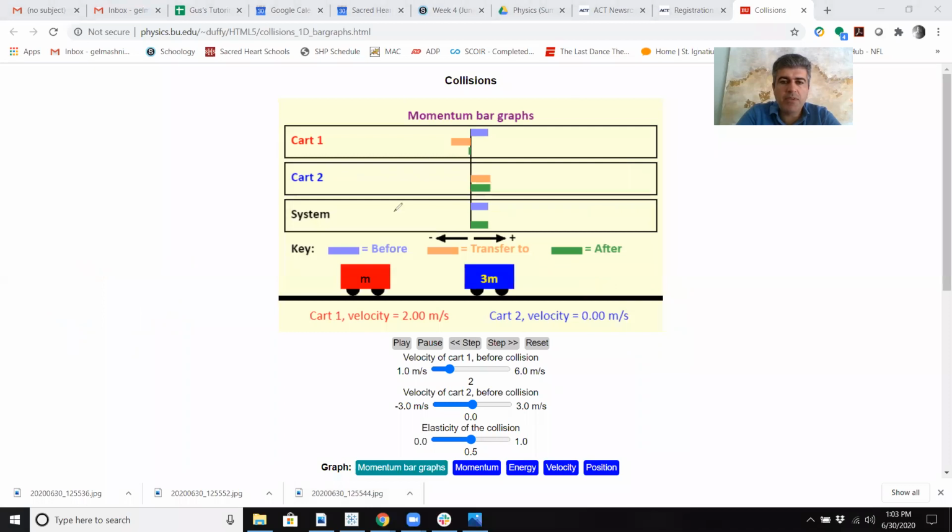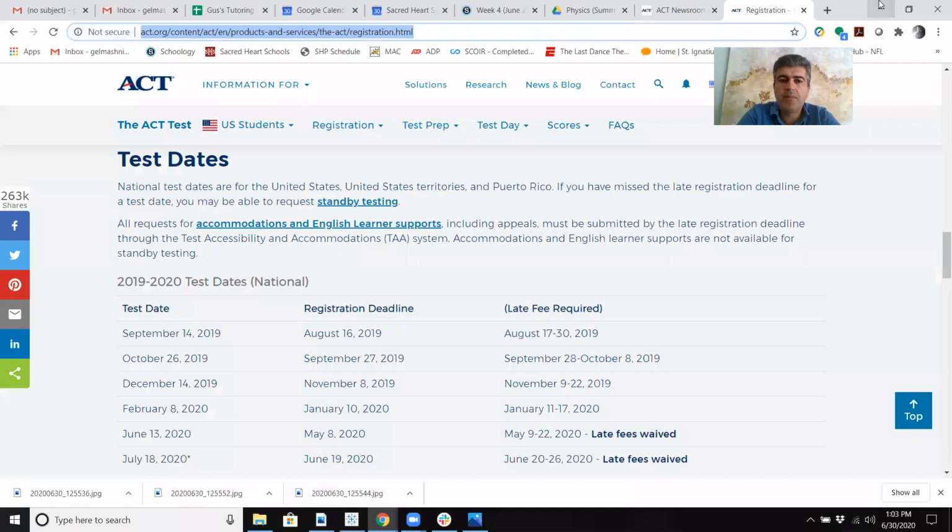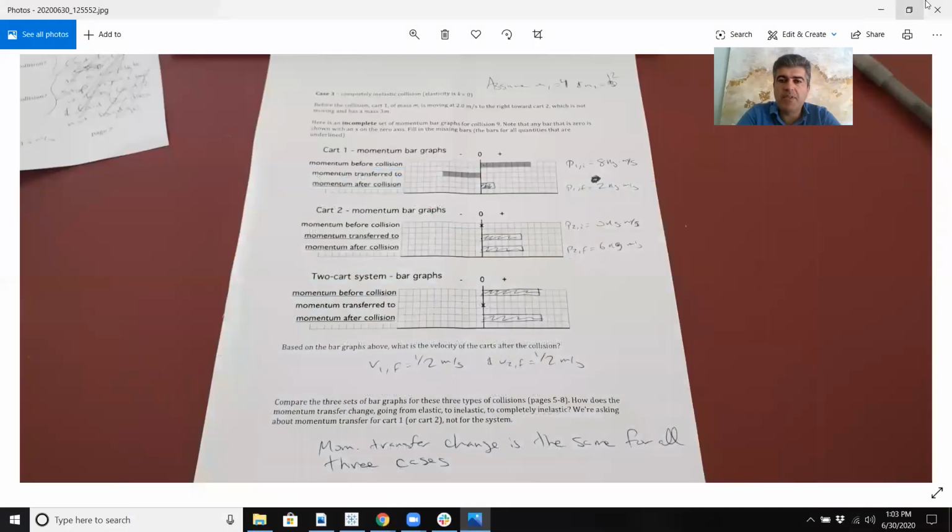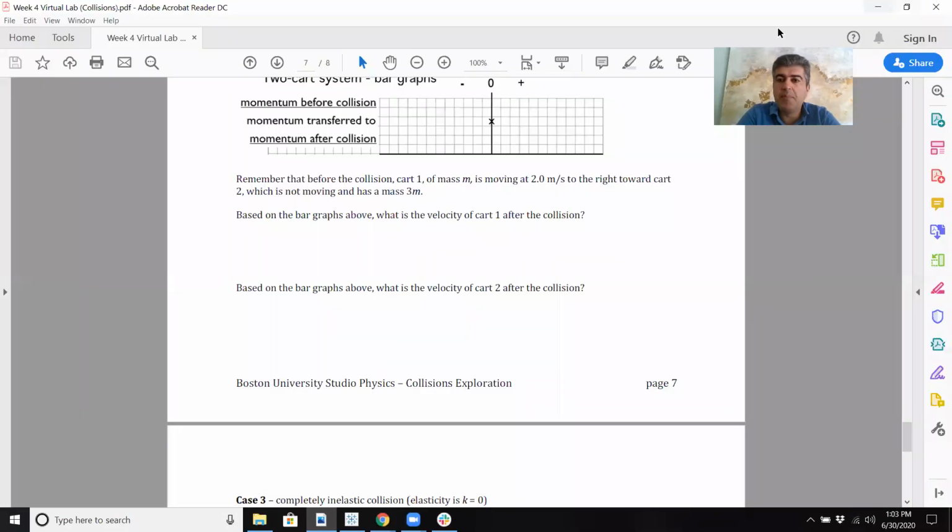If I do this again, but now I go to 0 and play it. Let's stick together as 0.5. So hopefully that makes sense for that one.